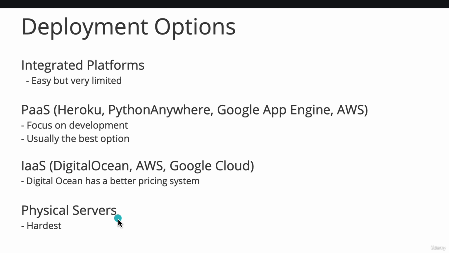But with physical servers, which is the other next option, you have to maintain the operating system, but also the physical servers themselves. For example, I used to work in a company which managed GPS data, lots of them. And we had these physical servers in a room. One day the power went off, and even though the servers had backup power, the room cooling system itself didn't have backup power.